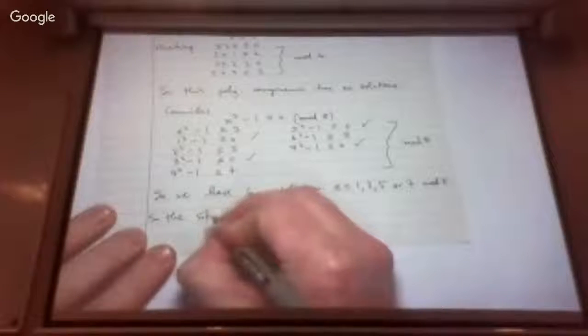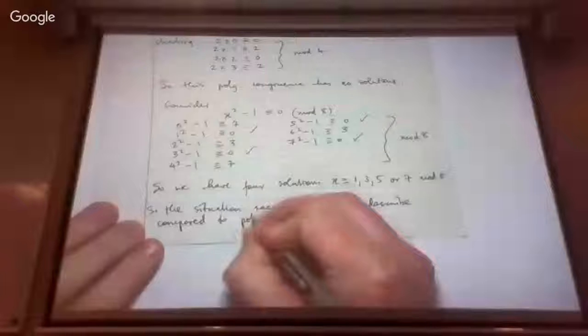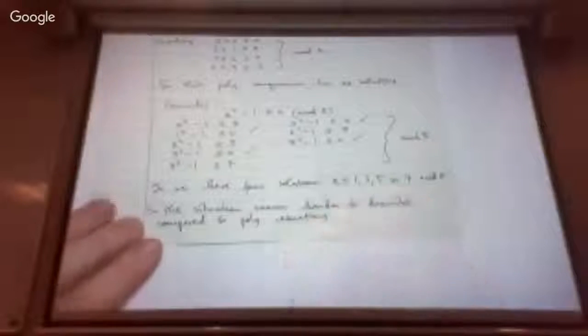So the situation seems harder to describe compared to polynomial equations. Okay, the discussion in that first section in the notes is really just going through those points.